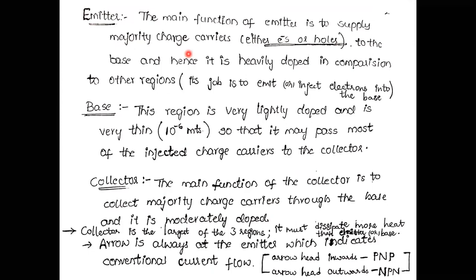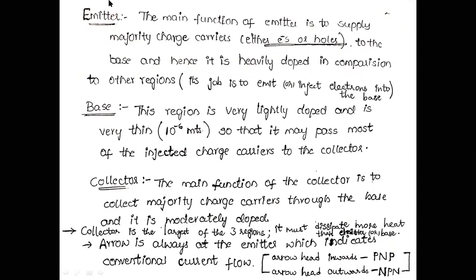So the main function of the emitter is to supply majority charge carriers, that is either electrons or holes, depending upon the type of transistor we are using. Those charge carriers are transmitted to the base, and hence the emitter is heavily doped in composition.